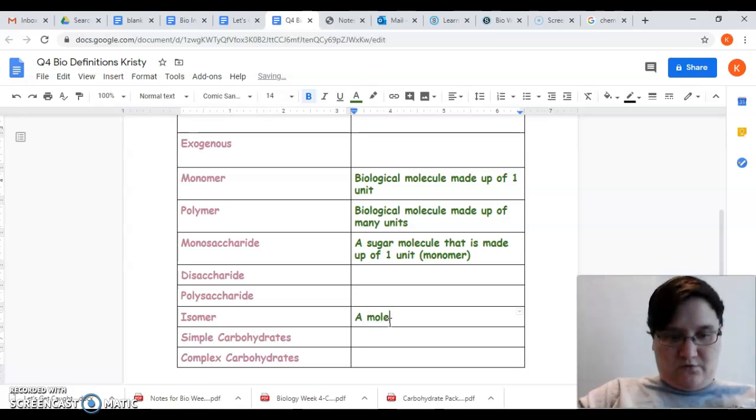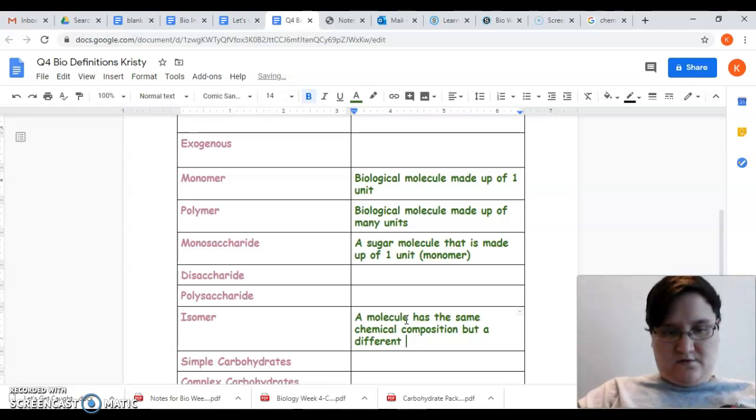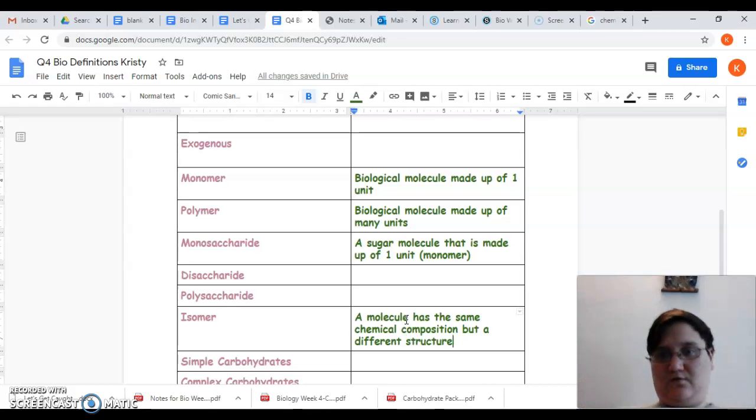A molecule has the same chemical composition, but a different structure. Then those two are, how about we say this?